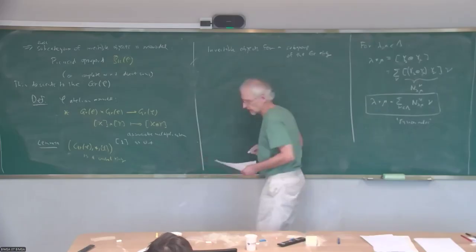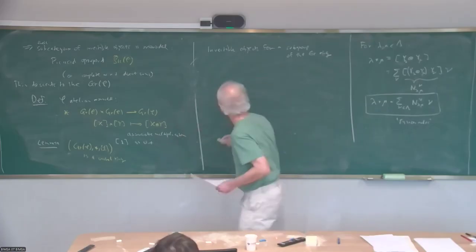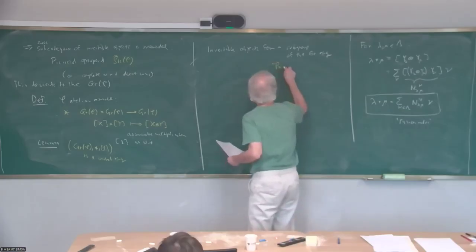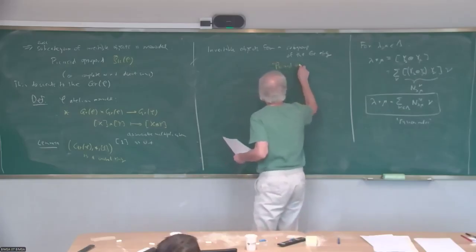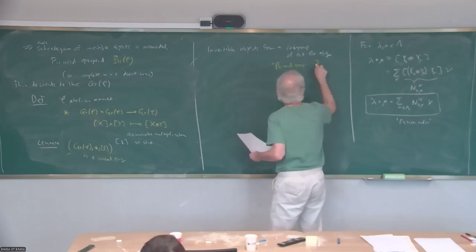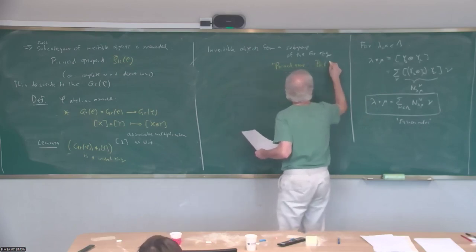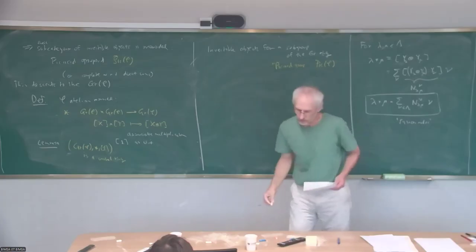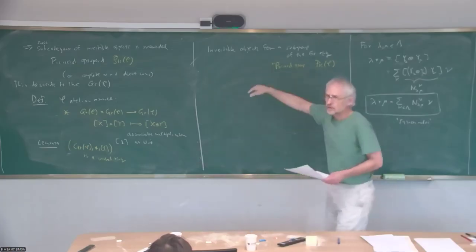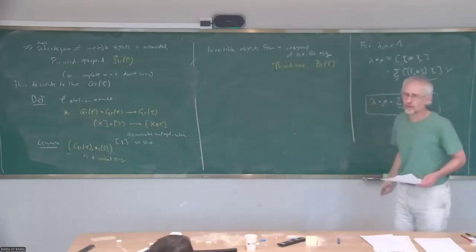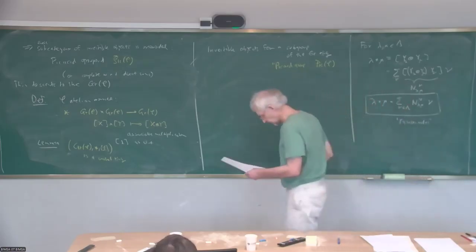This is sometimes called the Picard group: the group in the quadratic ring of isomorphism classes of invertible objects.